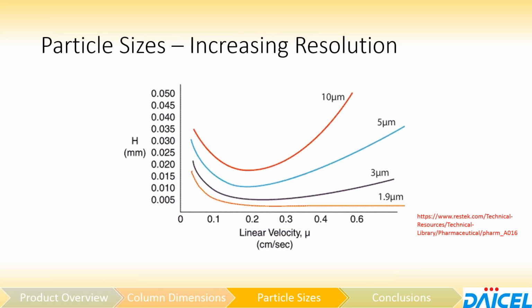So in practice, if we look at what that looks like here, a Van Deemter plot of 10 micron, 5, 3, and 1.9 micron particles, the effect of the A term, as you can see here, for 10 micron, because you can't pack as efficient a column with larger particles, has a plate height of somewhere around 0.02 millimeters, whereas your 1.9 more easily packed particles is well below 0.01. And of course, as we increase our linear velocity, we do see that expected loss of resolution for 10 micron and even 5 micron, whereas 1.9 is more or less relatively flat.